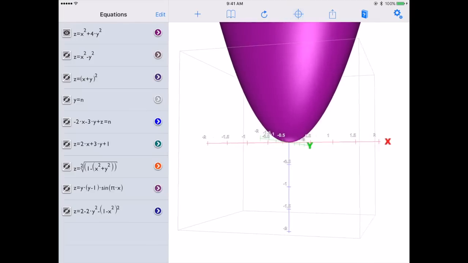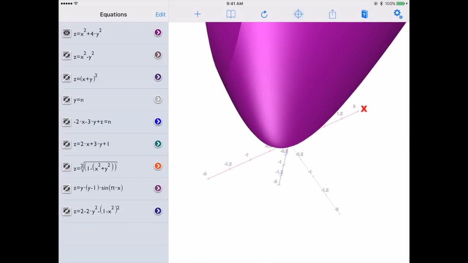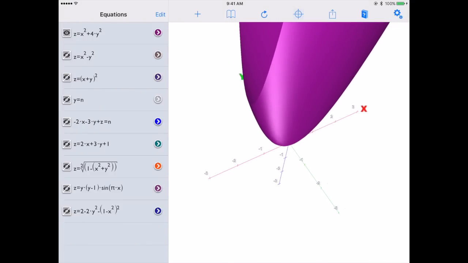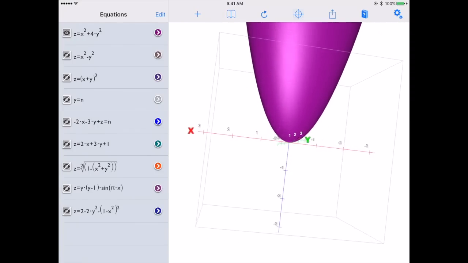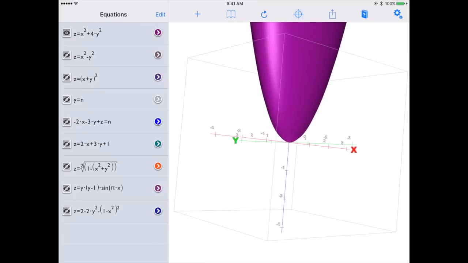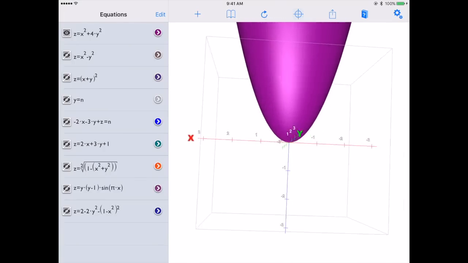If we go ahead and plot, note that the domain of this function is the entire xy plane. There are no values for x and y that are not allowed. You can see what this function looks like is a bowl. It's like the two-dimensional version of a parabola.